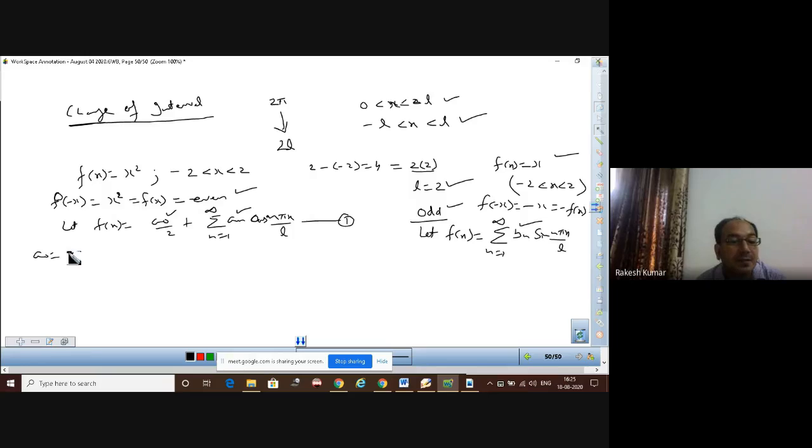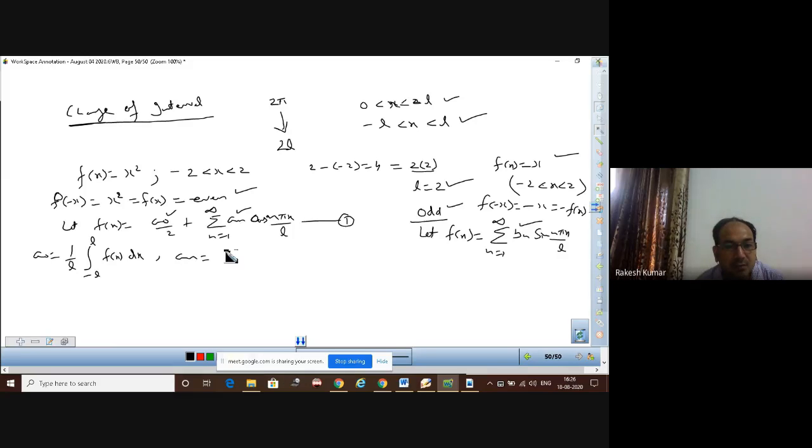And let us find the first Euler constant a naught. First of all, we want to find the value of L. The formula is 1 over L, integral from minus L to L of f of x dx. I am writing the general formula, and this is the formula for a naught.